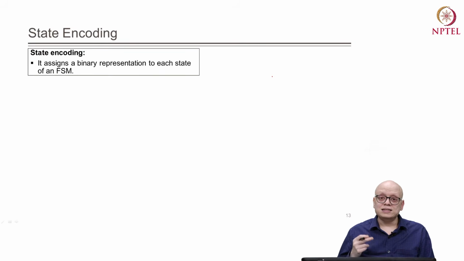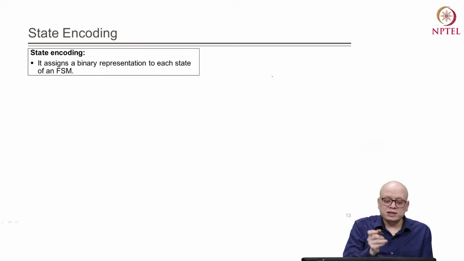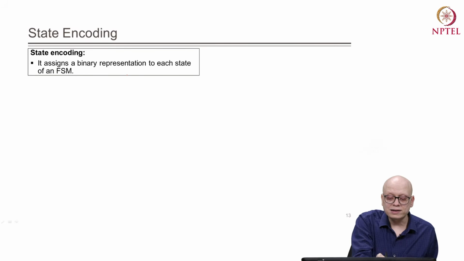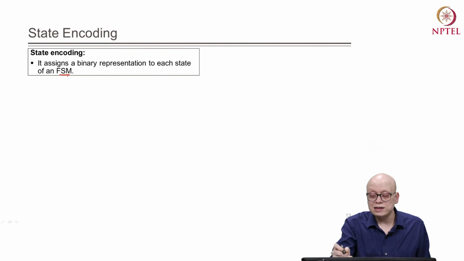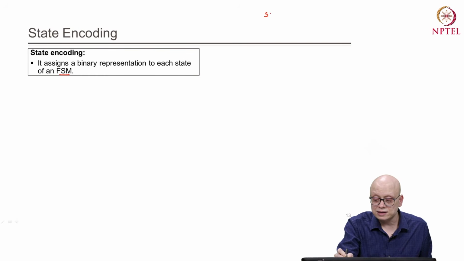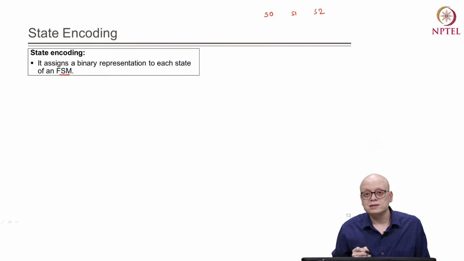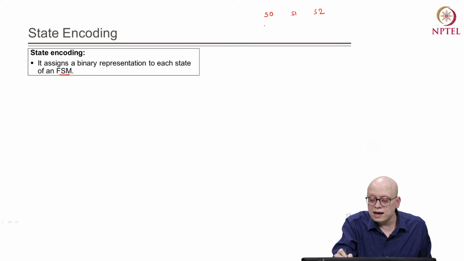Now, what is state encoding? State encoding basically assigns a binary representation to each state of an FSM. For example, let us consider again 3 states S0, S1, S2. We can assign S0 as 0 0, S1 as 0 1, and this one as 1 1.